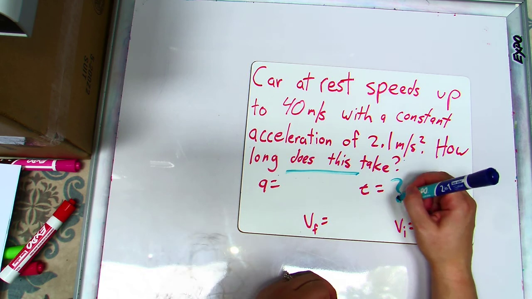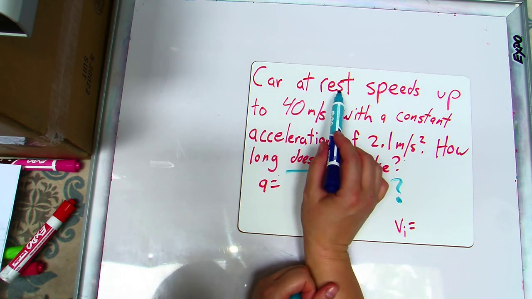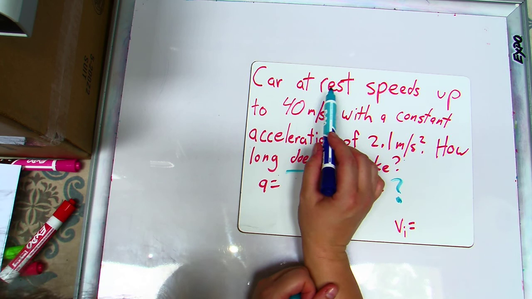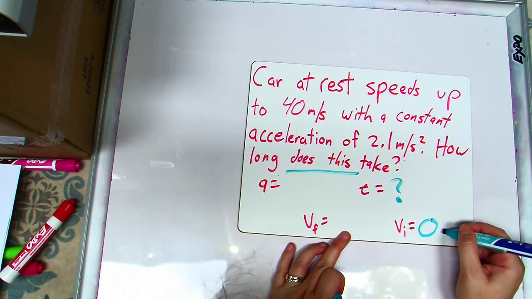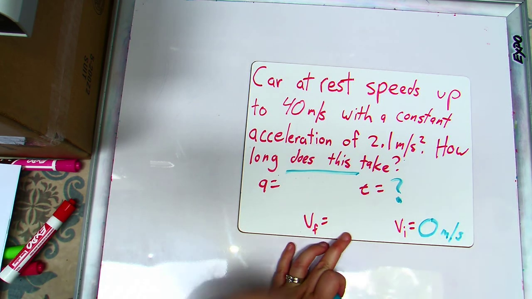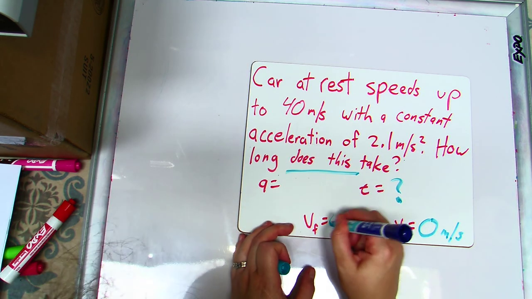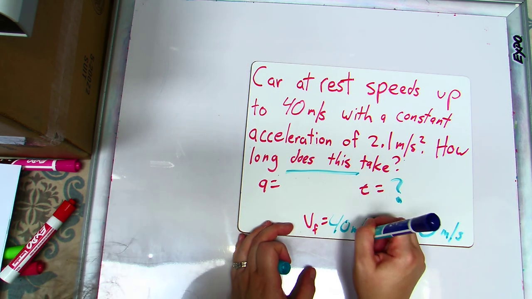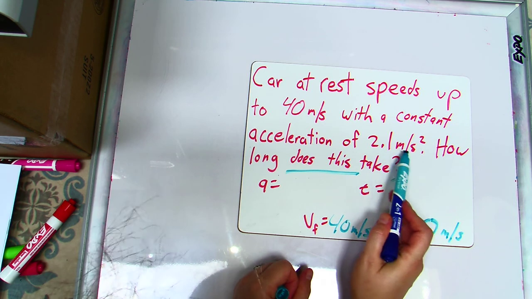That's what we're solving for. The car is at rest. When it's at rest, that means it's not moving. If it's not moving, that means it has a 0 initial velocity. And it speeds up to 40 meters per second. The acceleration is 2.1 meters per second squared.